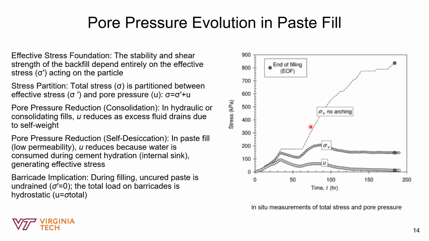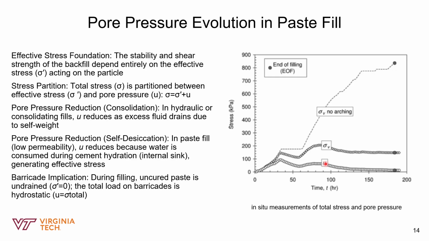So if you look at the graph on the right side here, the bottom line with circles is the water pressure. You notice how it rises at first during filling, and then it starts to drop. Now this drop is very important because in paste fill, the water isn't just draining away.